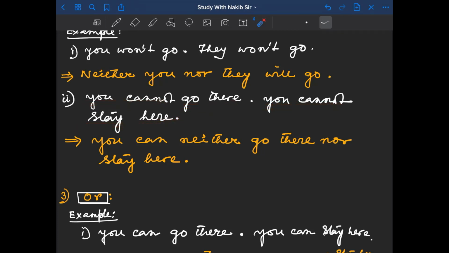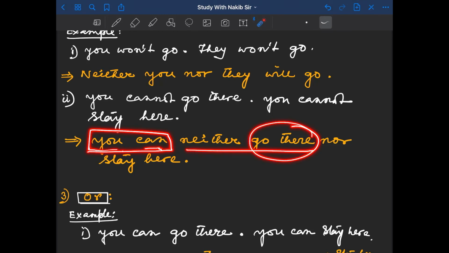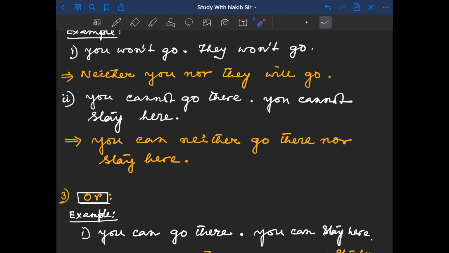See the combination. You can, this is the same. For this it is written here common part. You can neither go there nor stay here. This is your combined sentence combination.